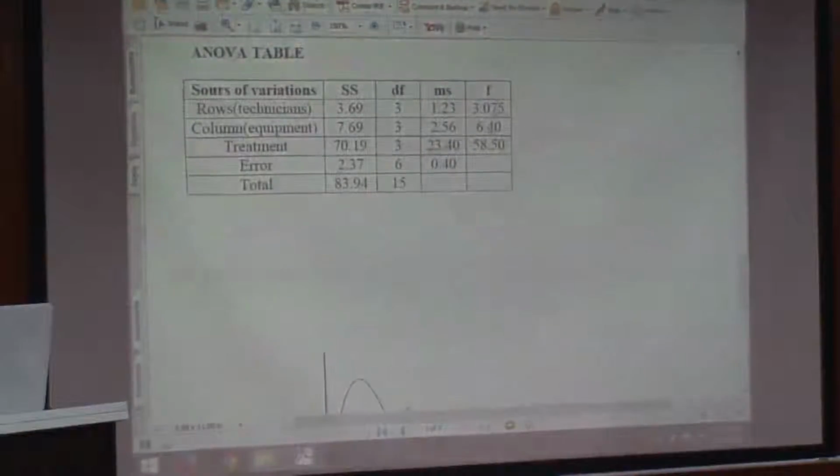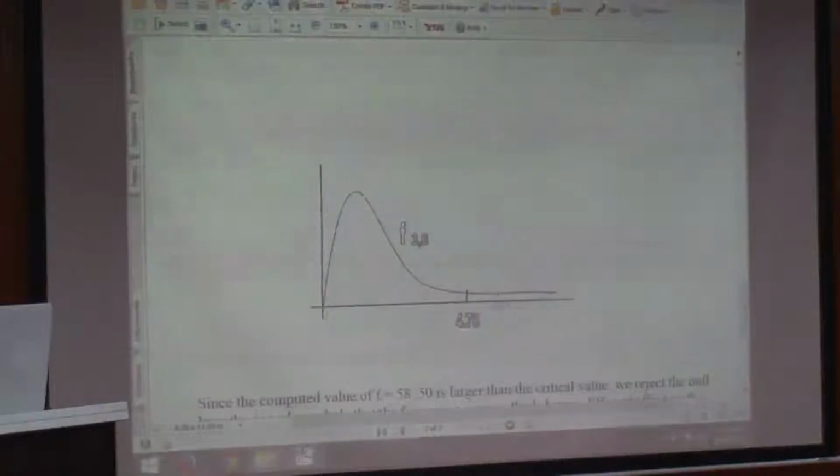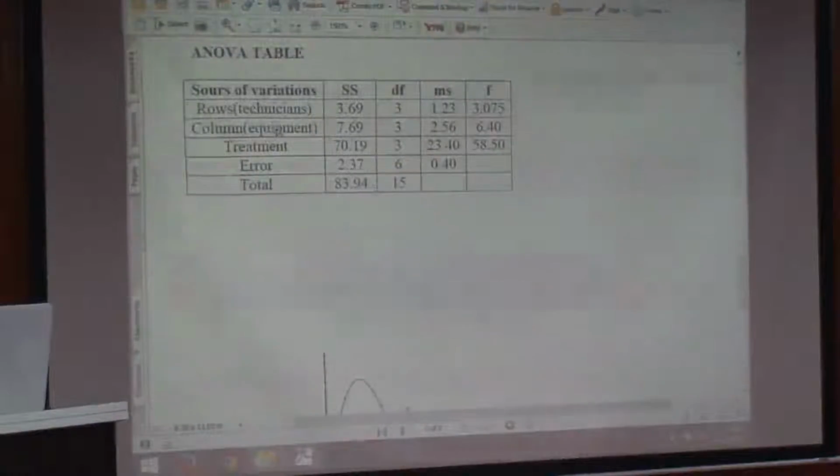If you look at these two, it looks like the equipment effect, 6.4, is larger than the critical value. So reject H0 for equipment effect, meaning that there is a difference between the equipment on the tensile strength of the plastic.